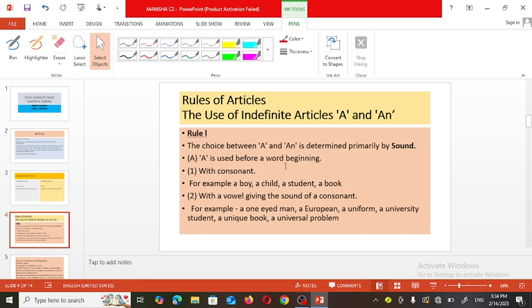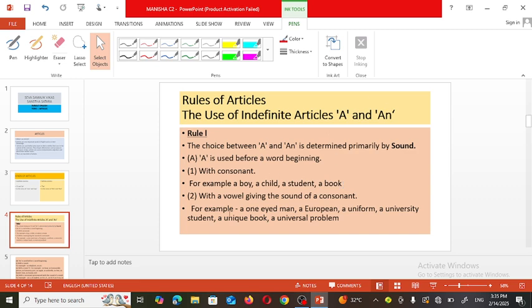A is used before a word beginning with a consonant. For example, a boy, a child, a student, a book, a teacher, a person, a candidate. Any one from that category can be used for that particular purpose.